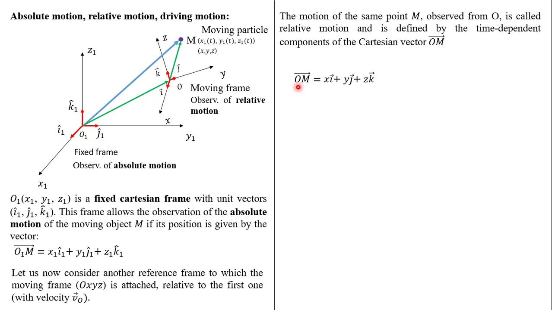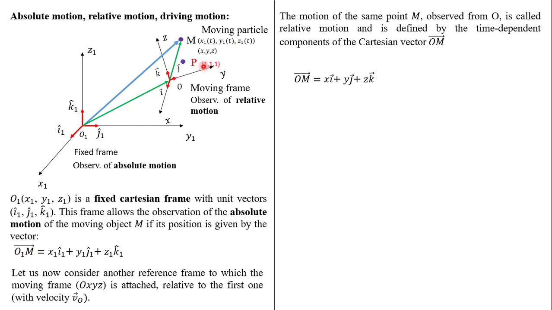So OM is equal to xi plus yj plus zk. This is the motion of M as seen by the observer at O, while O1M is the position vector of point M as seen by the observer O1.